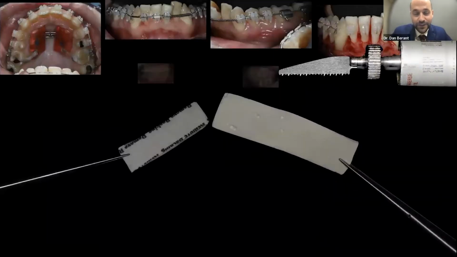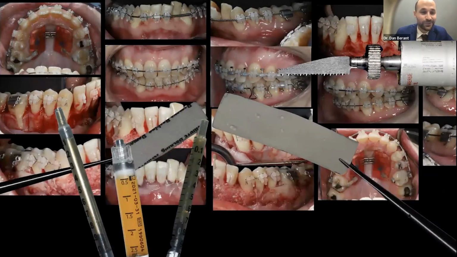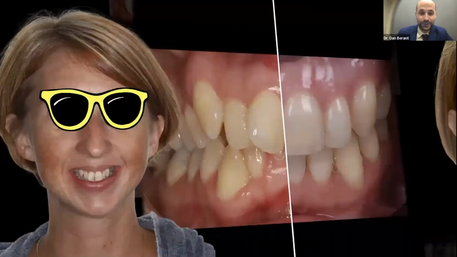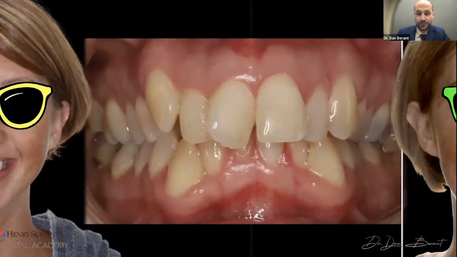Now, this patient went through a lot of treatment. She had TAD expansion, she had orthodontic therapy. And so as much as I would like to talk all about her in particular, I'm going to jump ahead and go through kind of the before and after.